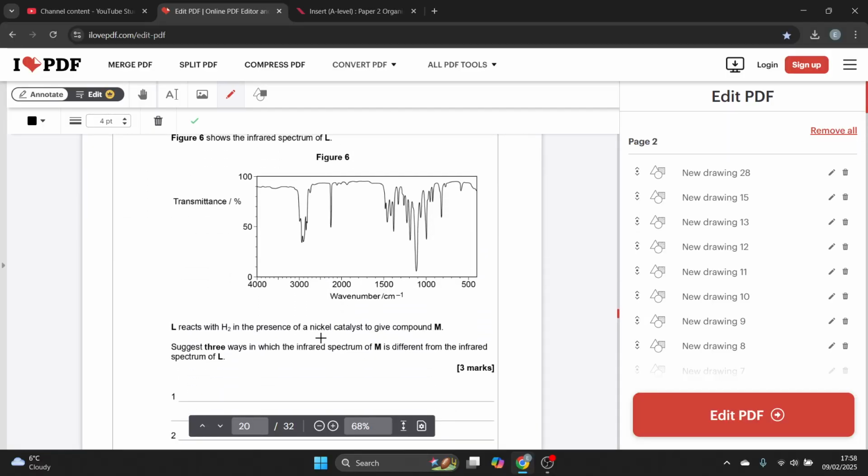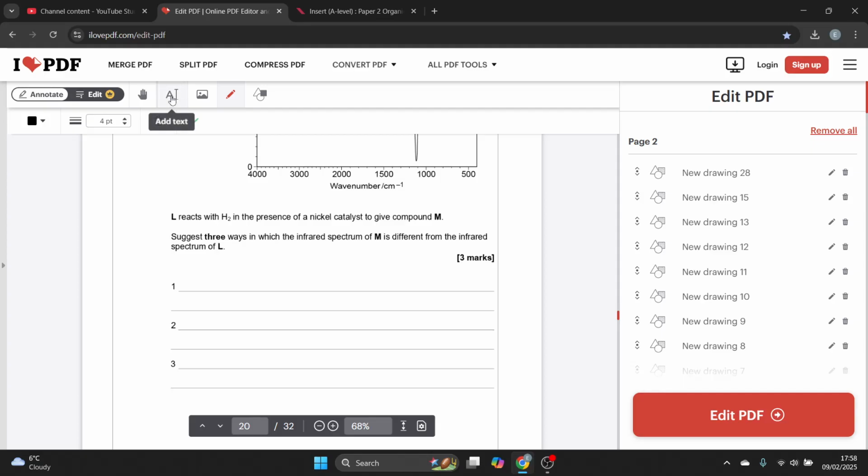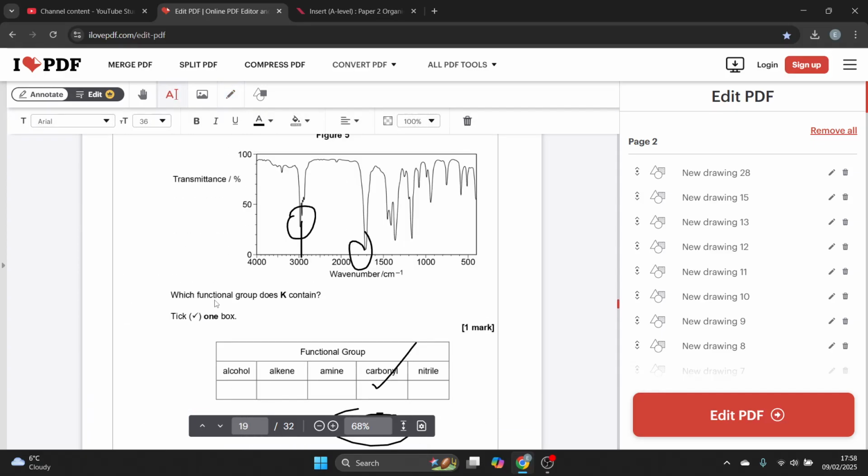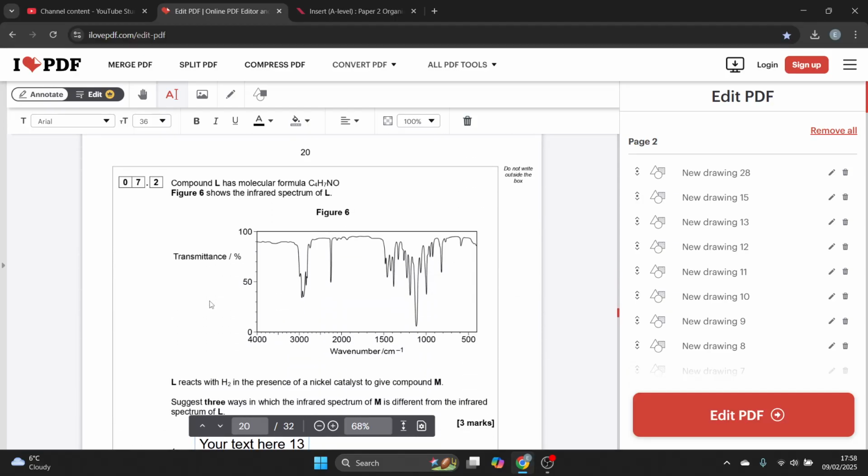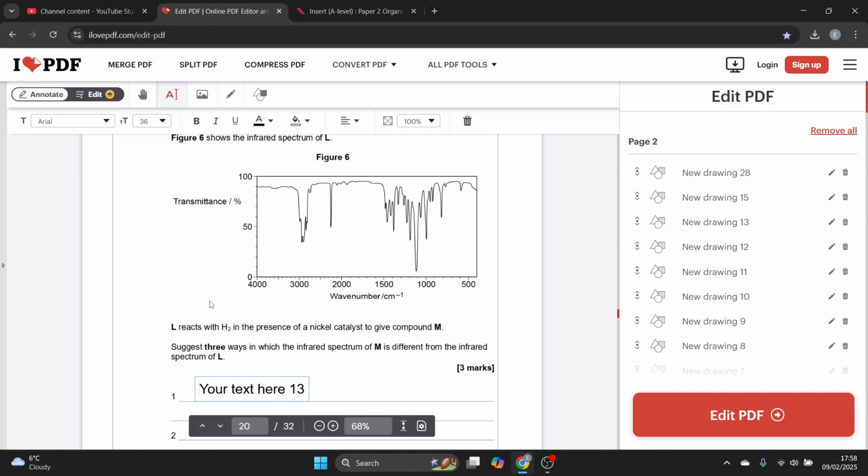State 3 ways in which the infrared spectrum of M is different from the infrared spectrum of L. Well, L reacts with hydrogen in the presence of a nickel catalyst, so catalytic hydrogenation, to give the amine.